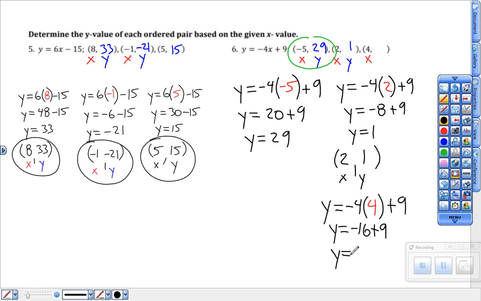Gives me -7. So that one, when x was 4, y is -7. Again, writing that coordinate for x and y, the x number always first, y number second. When x was 4, y is -7. That point would be a solution to that equation if I was to plug it in. Okay, let's keep going.